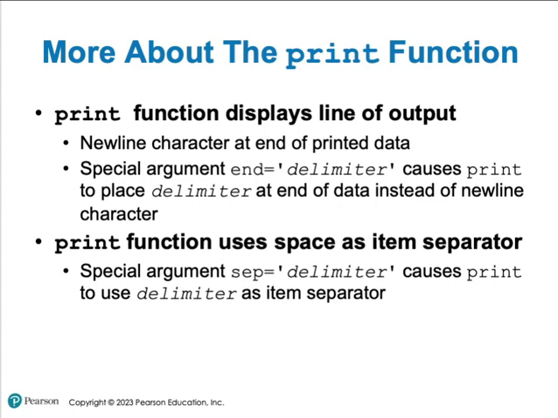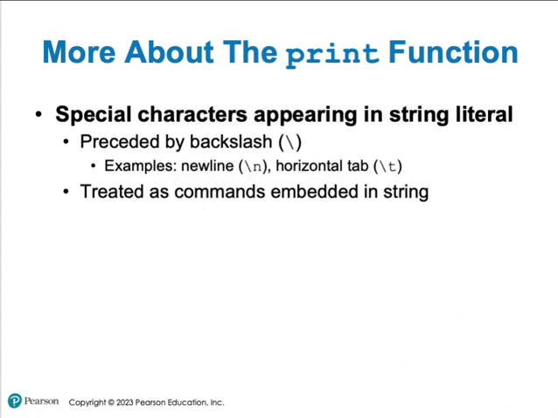If you specify a delimiter, then instead of a newline appearing after every chunk of output, whatever the delimiter is will appear. The way you do that is using a separator, or sep equals whatever delimiter you would like to use.